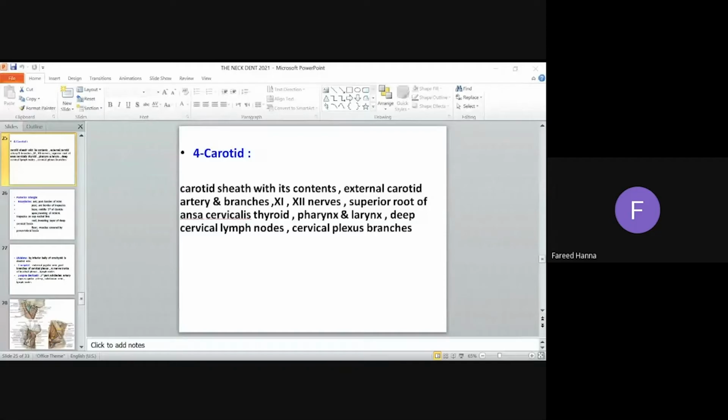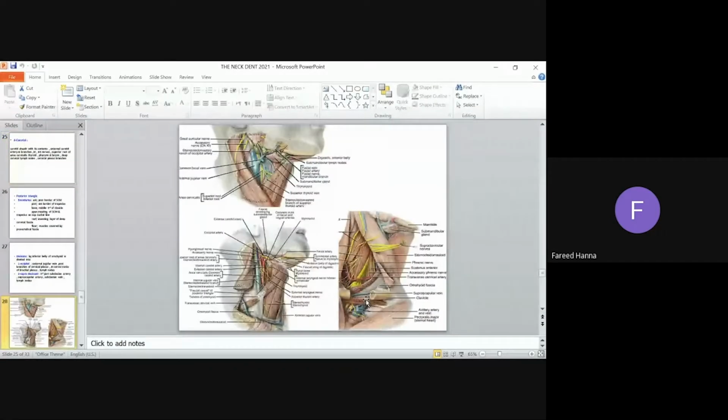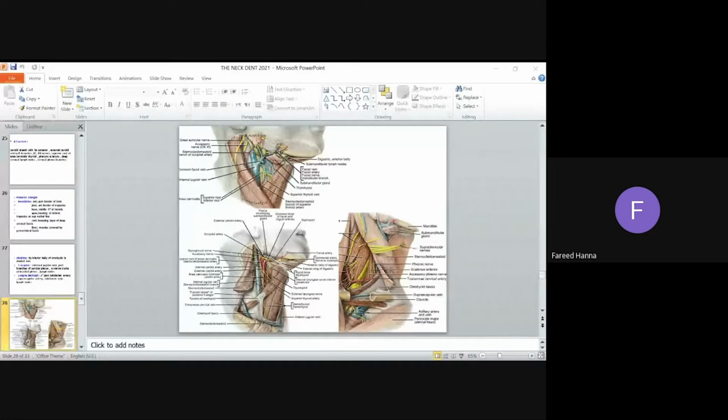Now here is a picture to show you the slide of the anterior dissection of the anterior triangle. We have three pictures in this slide. In the above left, this is the anterior border of sternocleidomastoid muscle.